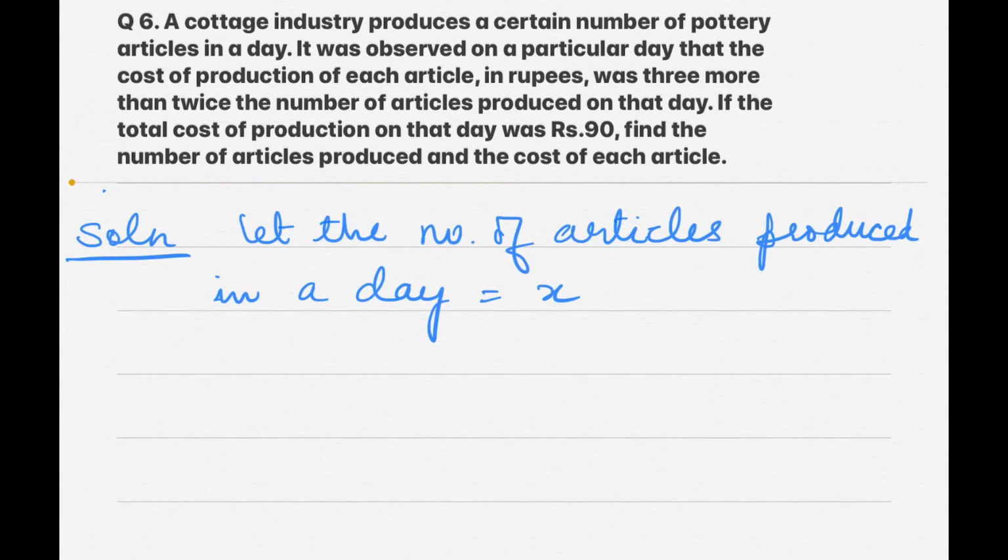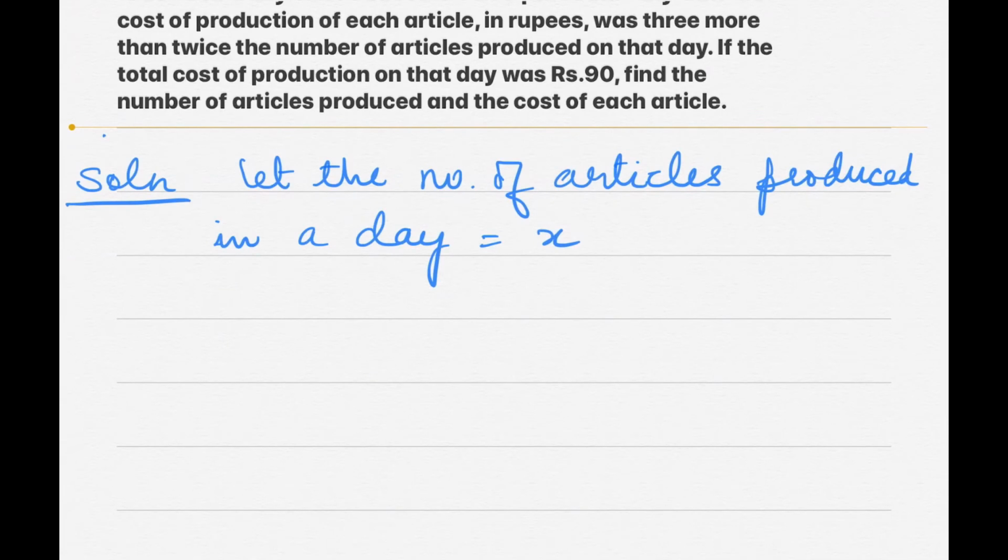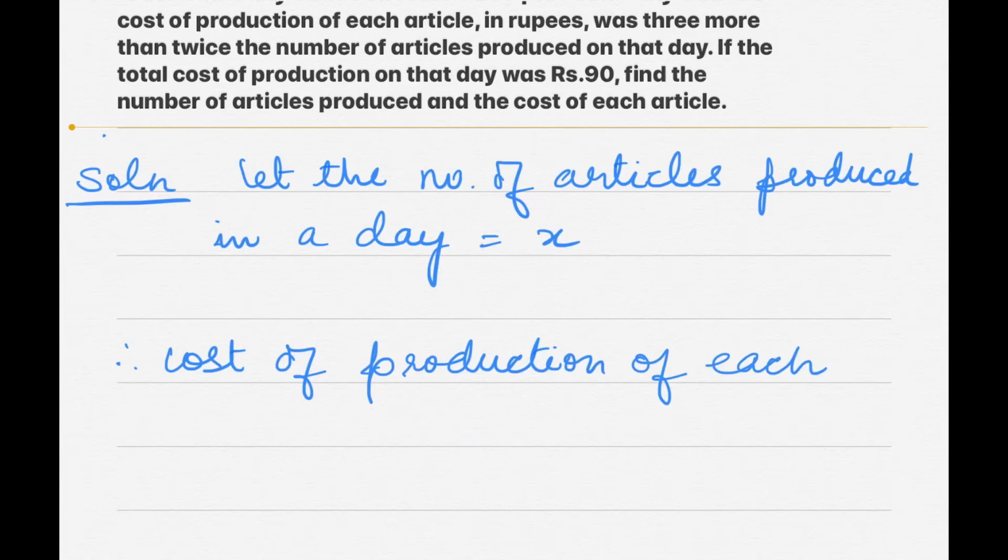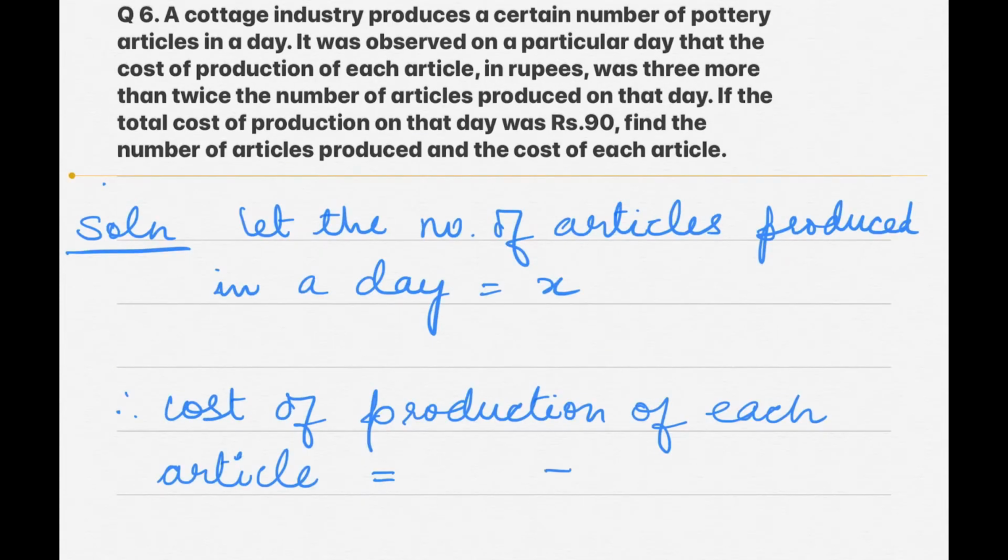Now it was observed that on a particular day the cost of production of each article was 3 more than twice the articles produced.